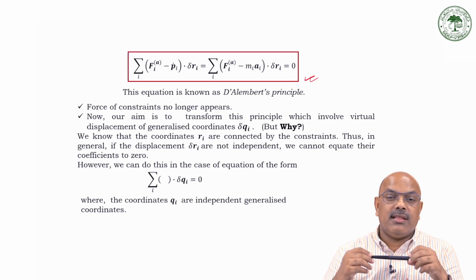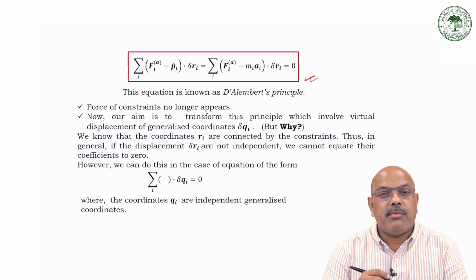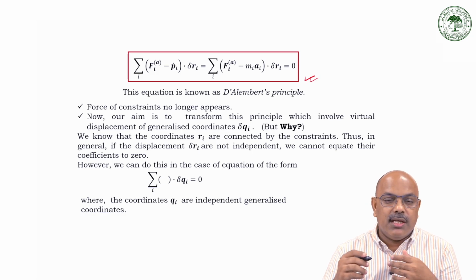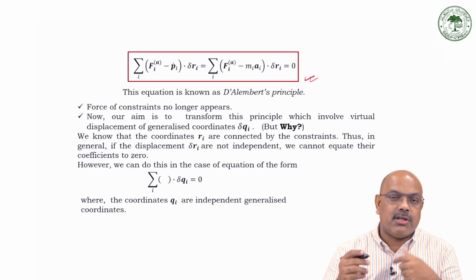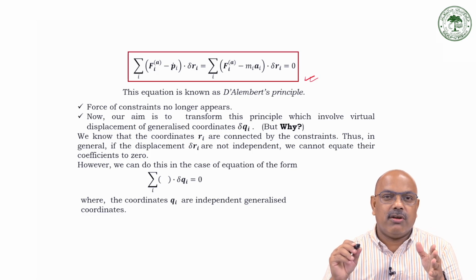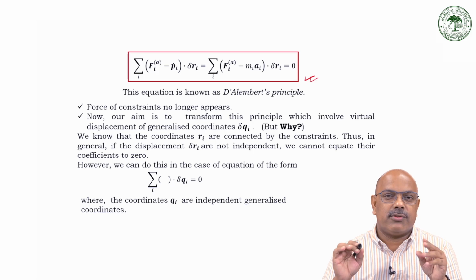And this is very important to determine the Lagrange equation of motion. So we will quickly see what the Lagrange equation of motion is. Before that, if you concentrate on the expression of D'Alembert's principle, there is no constraint force, only the applied force and then the inertial forces.